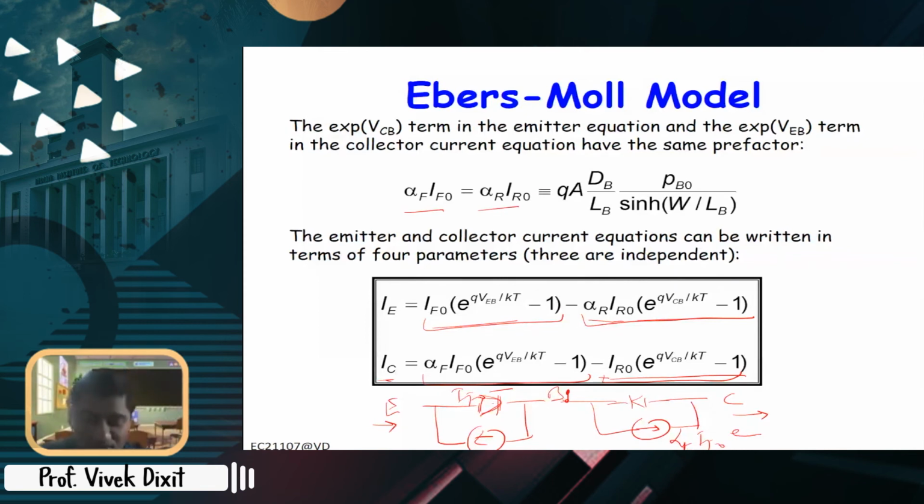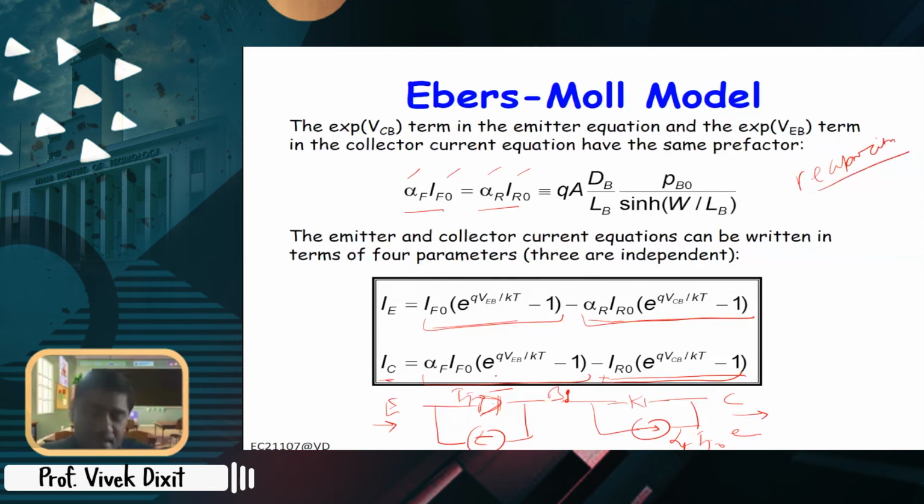Another thing you can notice: alpha F IF naught is the same as alpha R IR naught. You can substitute the values of alpha F IF naught and alpha R IR naught, and you will get the same expression. And this has to be true from reciprocity also.